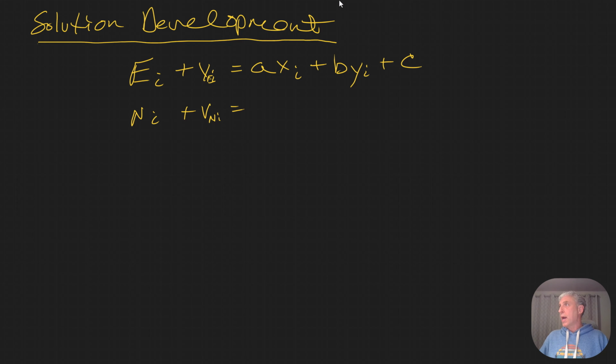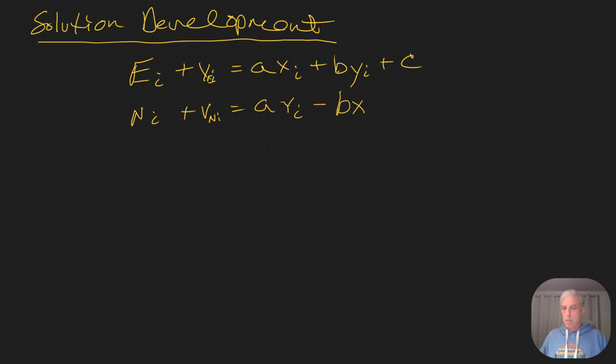equals A times Y sub I plus, and this is where we're building in that accounting for the reversed coordinate components, right? And sorry, that's not a plus, it's a minus. I've done that before, which I heard about, thankfully.